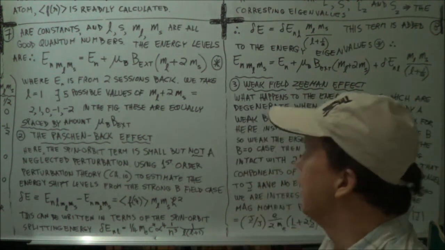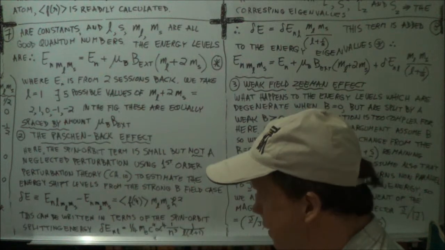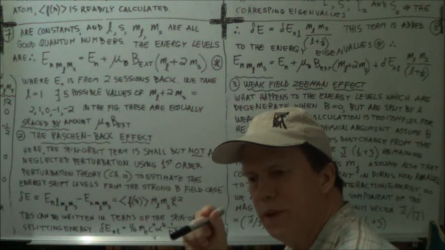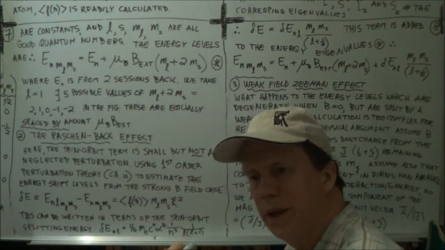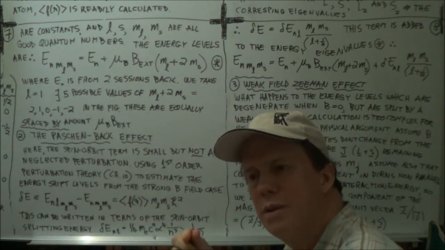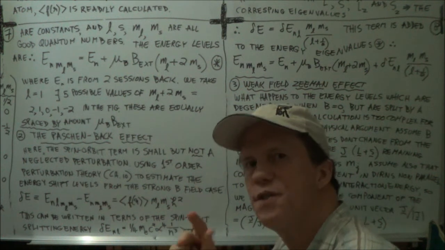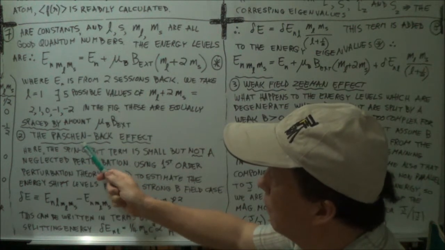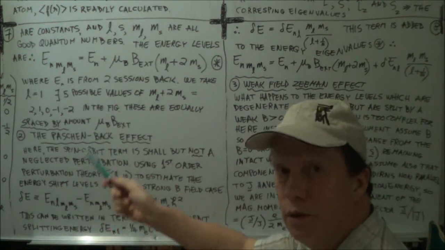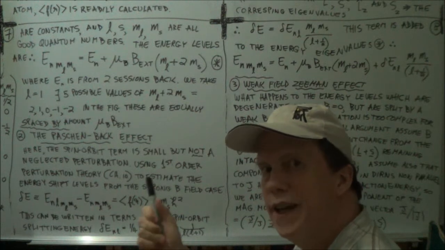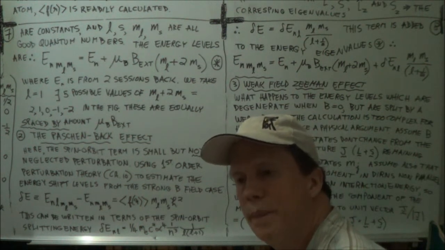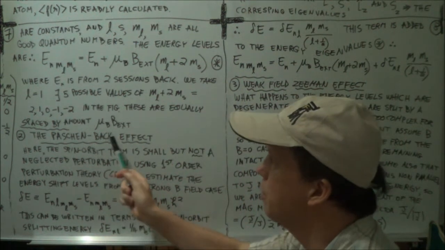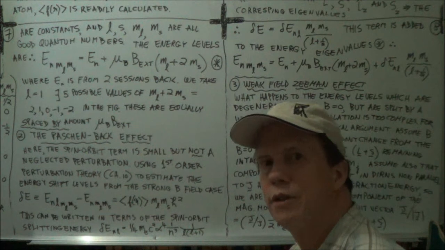So what we're doing here is, when you perturb something, put the emphasis on the something. You're taking something and changing it a little bit. The something that you're changing is your reference point, if you like. So in this case, what we're modifying or perturbing is the previous case, when the magnetic field strengths were very strong. So in a sense, the Paschen-Back effect is what you get when you perturb the strong field effect.